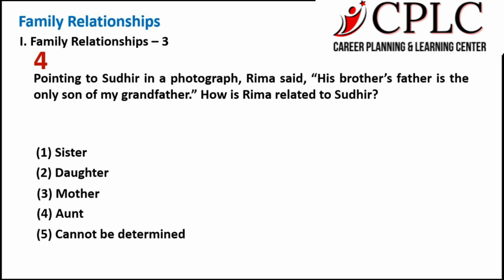This is very, very similar to the question that we have already seen, Anjali's question. Same thing has happened here as well. We don't know the gender of Rima, like we didn't know the gender of Anjali. So similar rule, the first rule that we have studied: let's not assume any gender based on the name. So the answer has to be cannot be determined straight away.